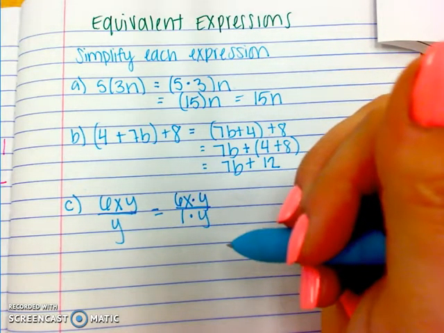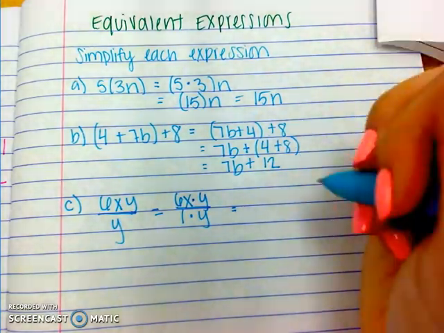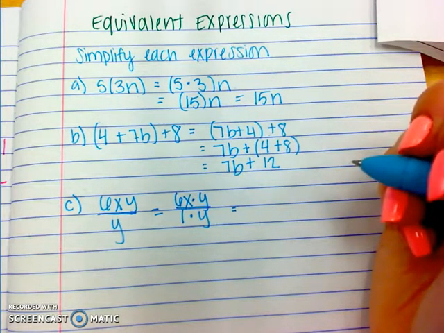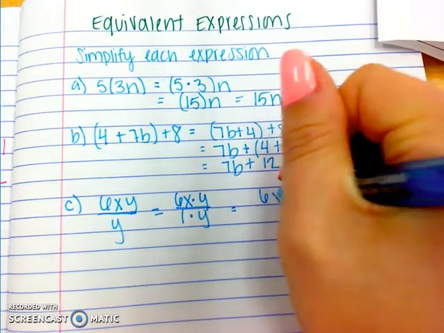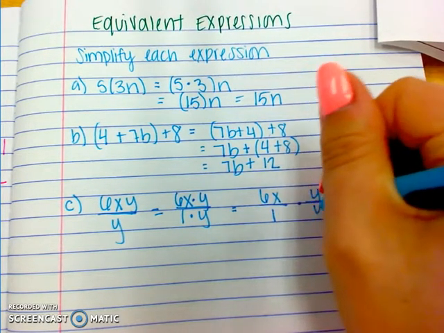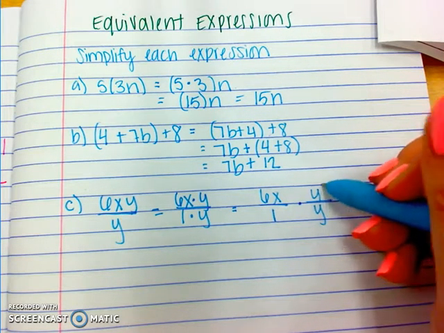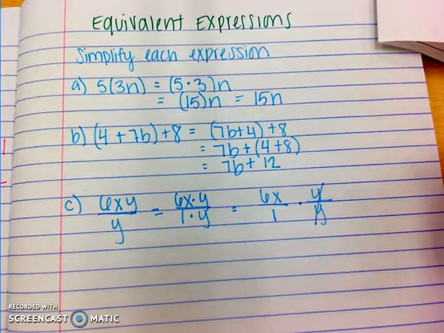And then I can technically separate them because if I have y over y, I essentially have 1, which cancels out. So I have 6x over 1 times y over y. And I know this is essentially just times 1, so it all cancels out.